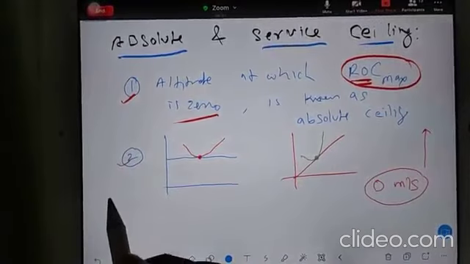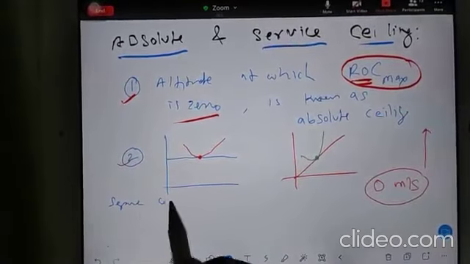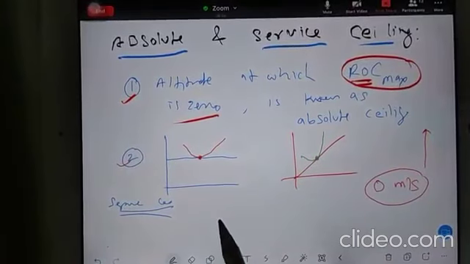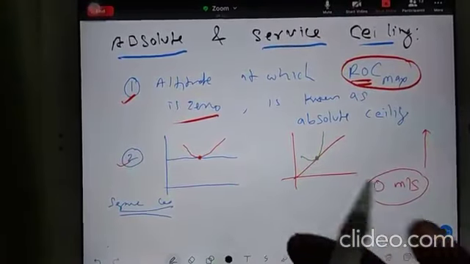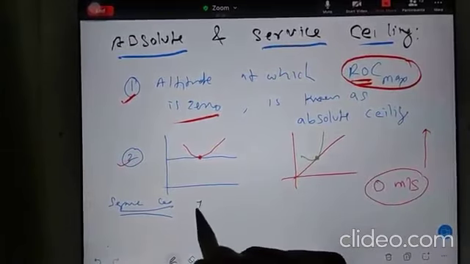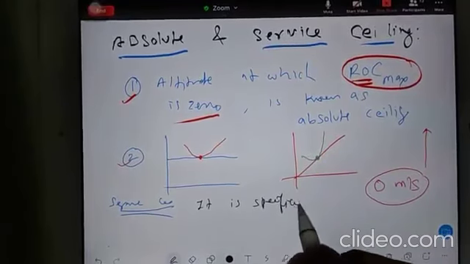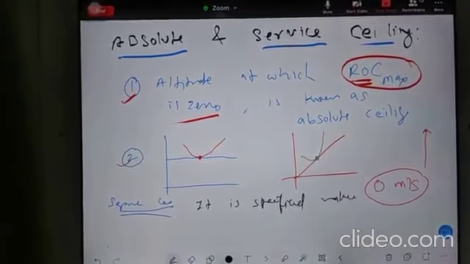Now we'll go for service ceiling. Service ceiling is what? It is a specified value. The authority has specified this value.